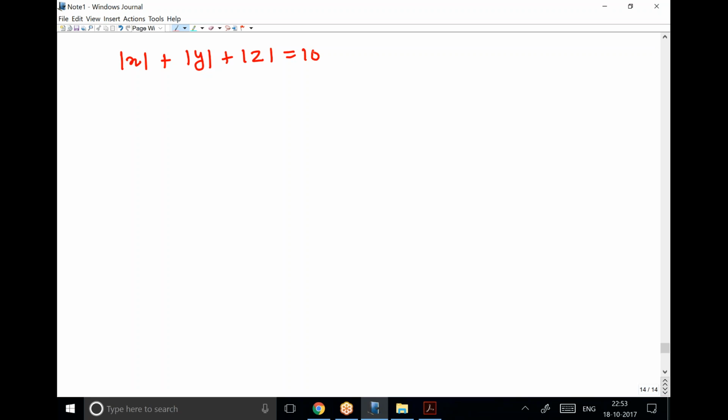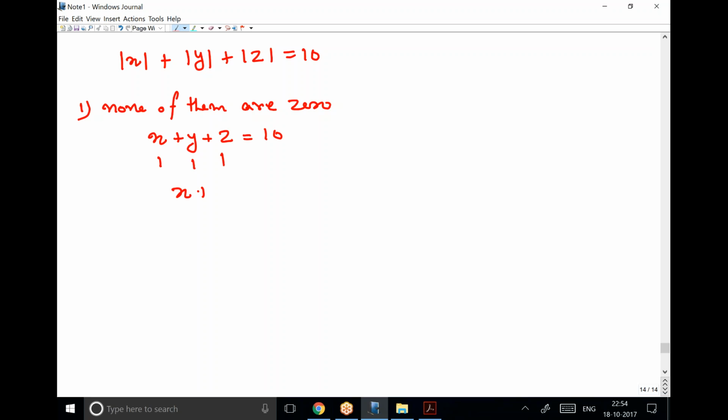You can see the first case is when none of them are 0. When none of them are 0, that means at least one has to be there. Then the equation comes out to be x plus y plus z is equal to 10, and we can give 1 to each.